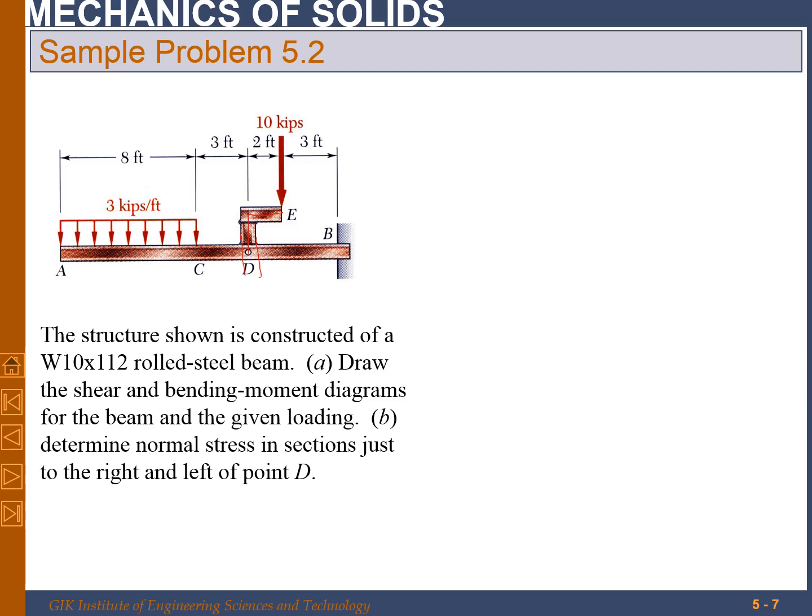Now, this load we have to shift to point D, and when we shift it, we will have one moment that will be equal to 10 kilopounds multiplied by 2 feet, that will be the moment at D, and there will be a force acting downward at point D, and that force will be equal to 10 kilopounds.